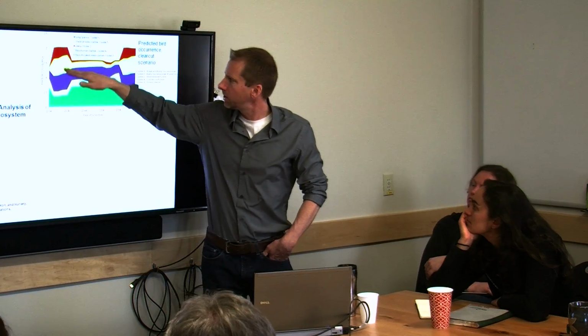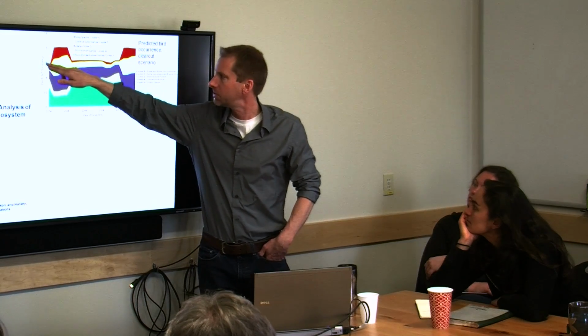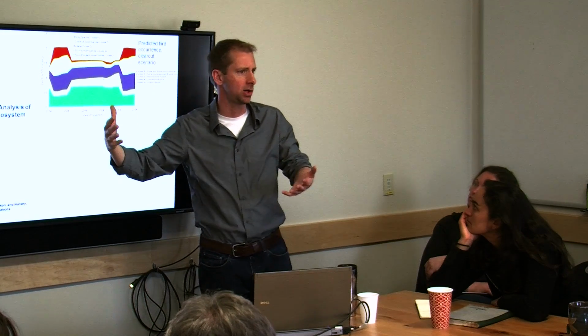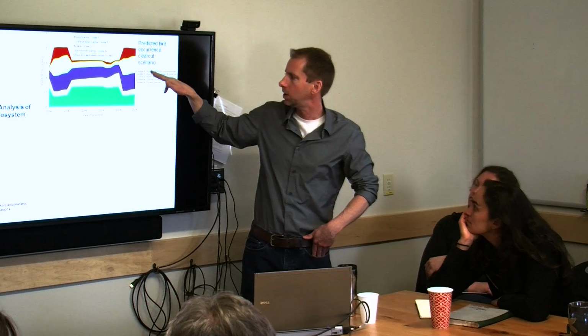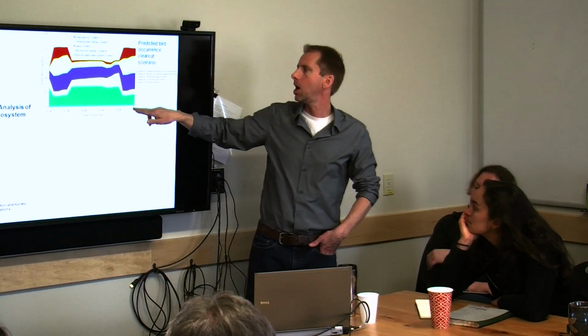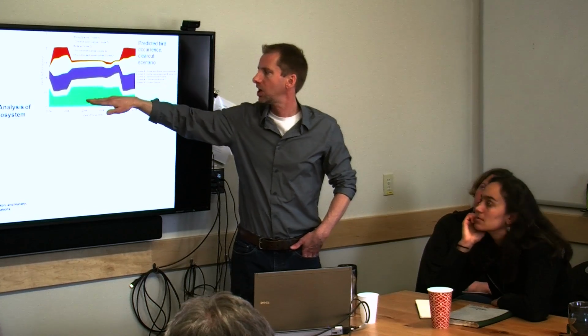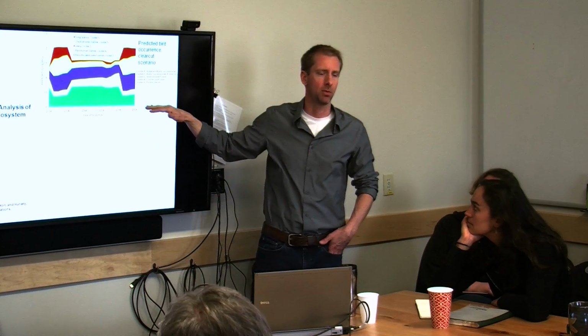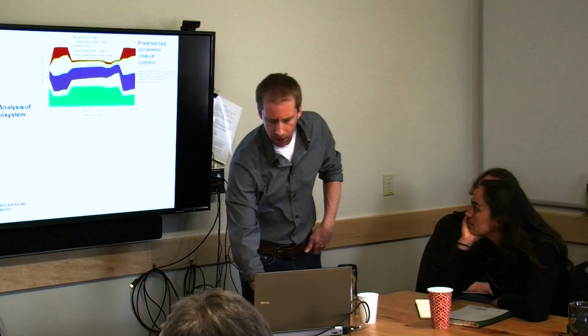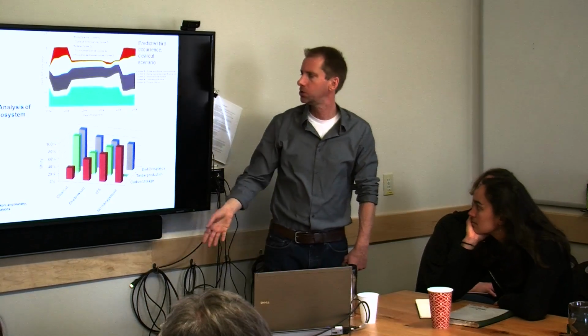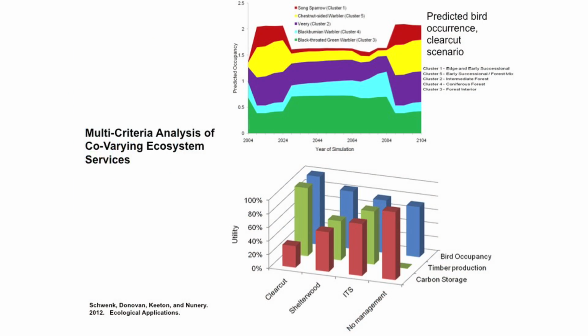And then we could tie the predicted occupancy, or think of that as habitat value for these different types of communities, to a simulation model that then predicted the relative abundance of those different types of habitat over time, moving into the future. Okay, and then we can look at different forest management scenarios, just like we did in that previous exercise. And then we can predict the relative utility of different forest management approaches at providing habitat for these different types of species.